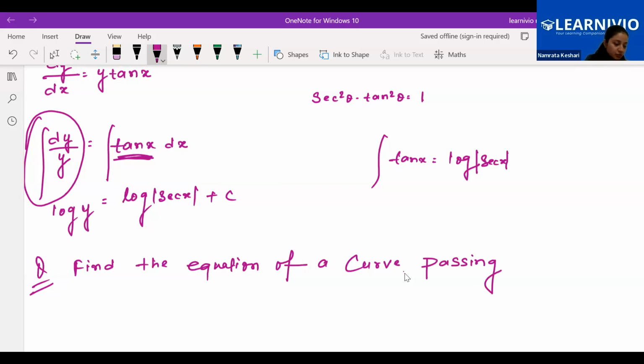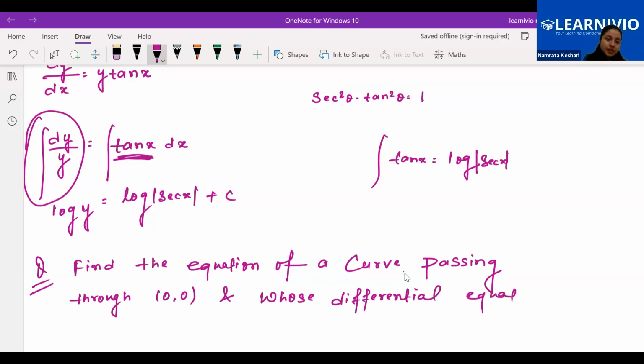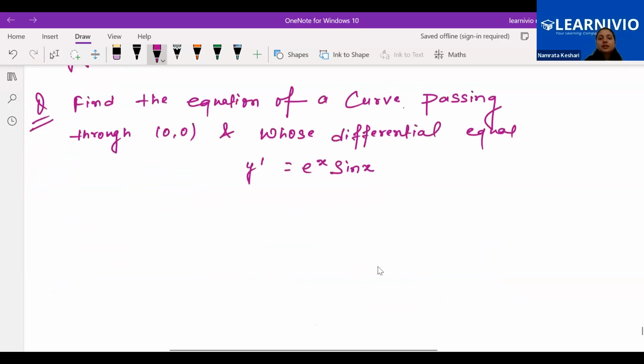Find the equation of a curve passing through the point (0, 0) and whose differential equation is y dash equals e to the power x sin x.